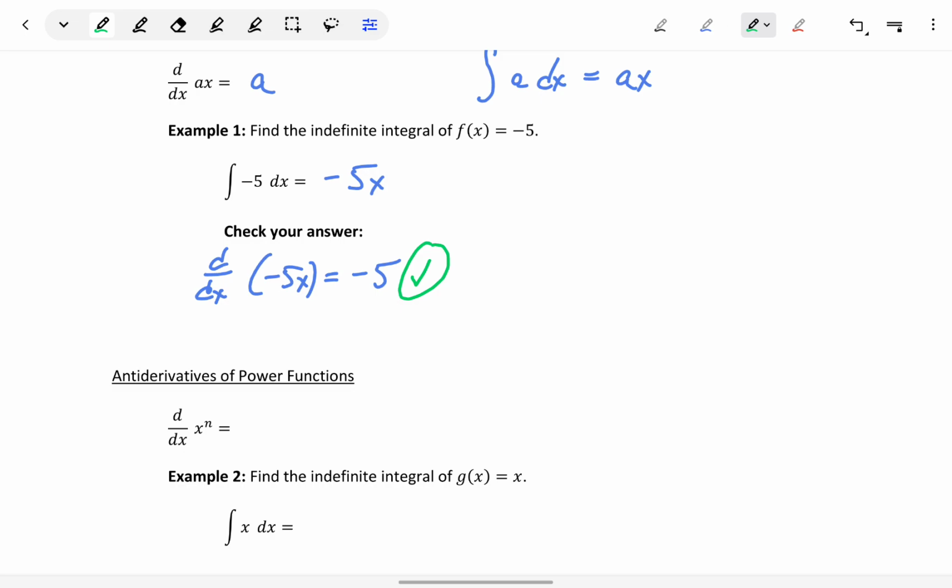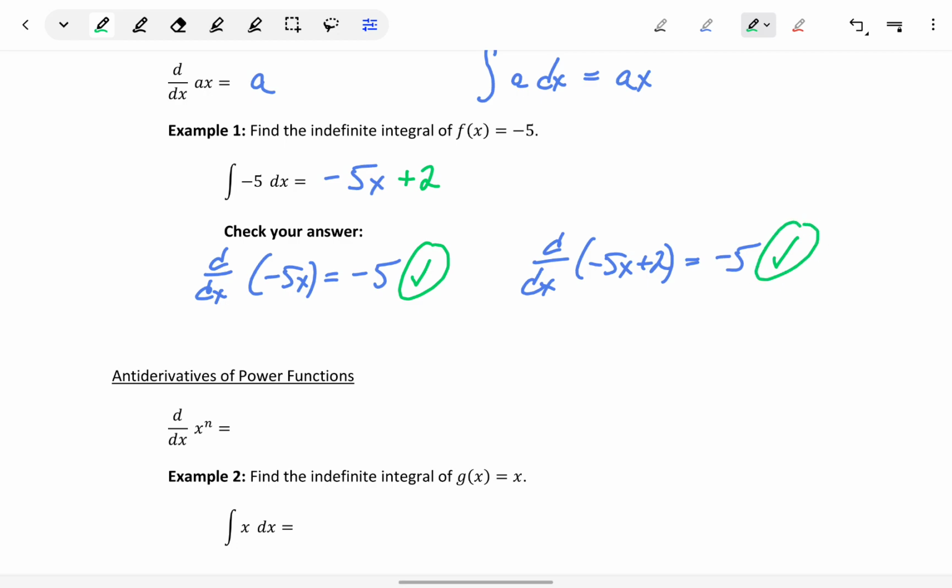But what if we'd come up with a slightly different answer in example 1? For instance, if we said that this was -5x plus 2, well, then we could take the derivative of -5x plus 2, and we would get -5, which also checks out.